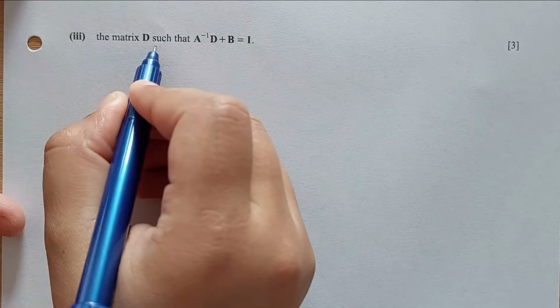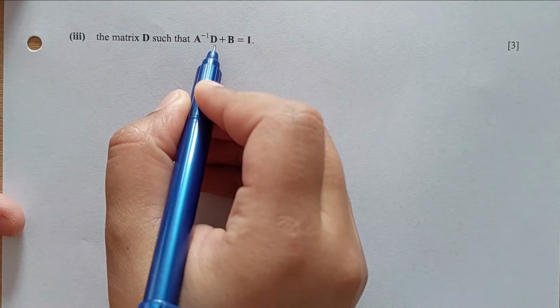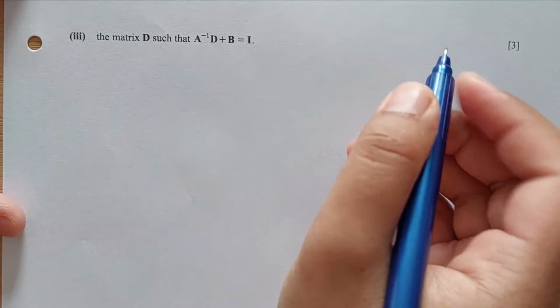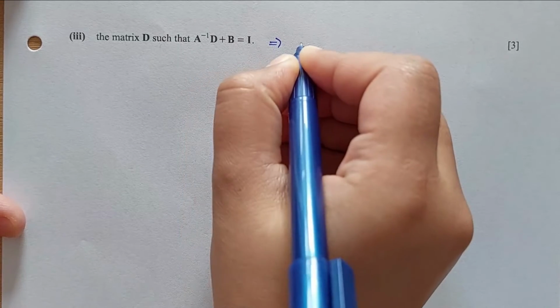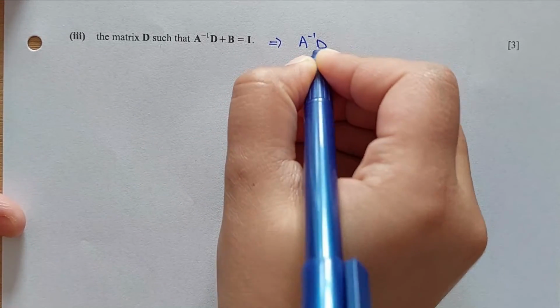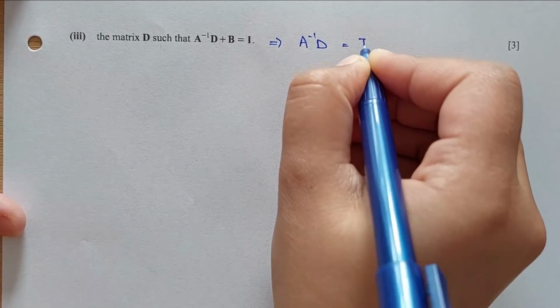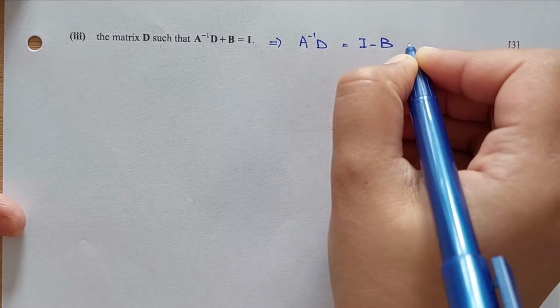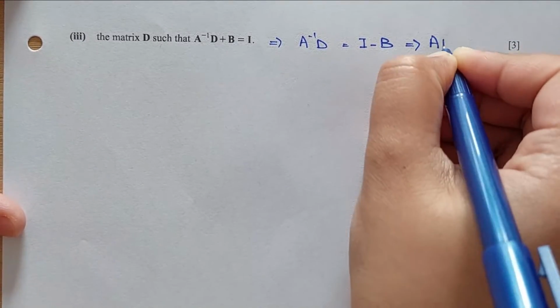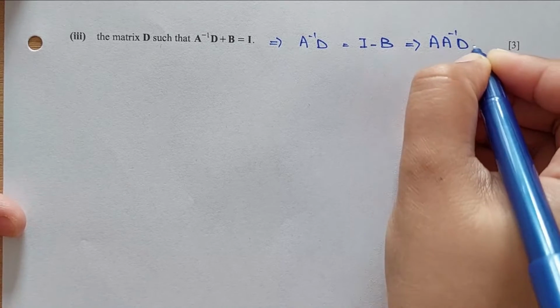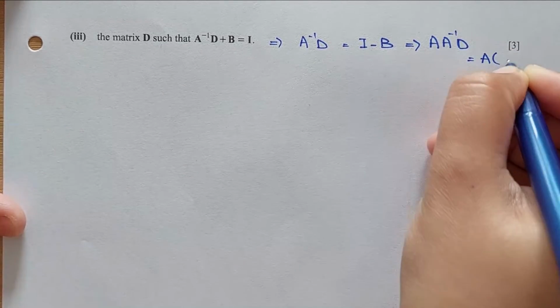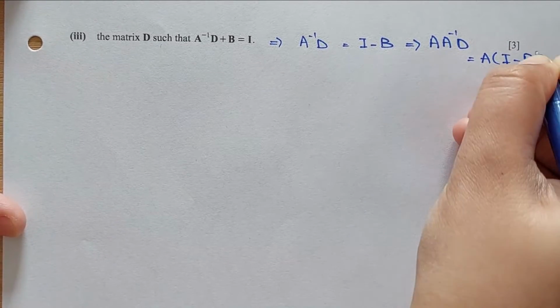Now for part 3, find the matrix D such that A inverse D plus B equals I. So from here we can say that A inverse D equals I minus the matrix B. And further simplification, we can say A times A inverse D equals A times (I minus B).